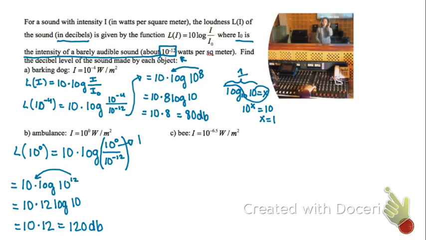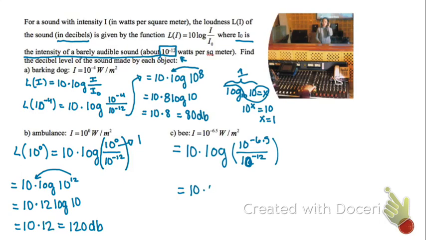Okay. Now I'm finding the loudness of a bee, where I equals 10 to the negative 6.5. So I'm going to plug that right into my formula. Okay, and then I'm going to simplify this 10 to the negative 6.5 over 10 to the negative 12.